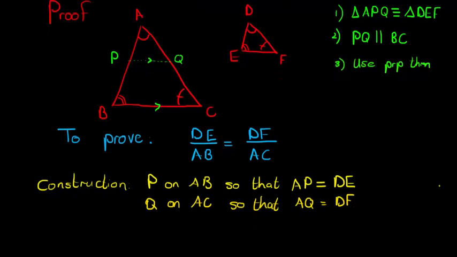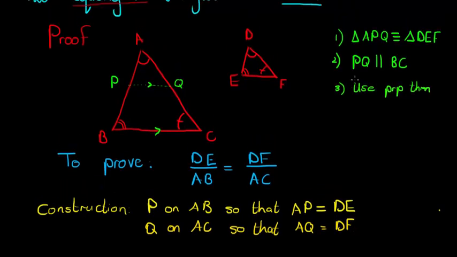So now my first step is going to be to prove that this little triangle here is congruent to that triangle there. Okay, so all I know so far is that AP is equal to DE. Why? Why is AP equal to DE?